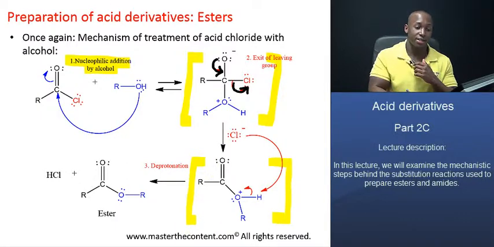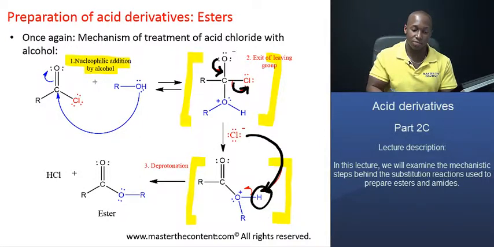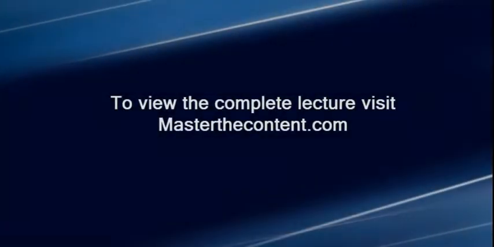Now this reaction is then completed when this chloride ion that was only just eliminated comes about and abstracts or removes a proton. I'm talking about this proton right here, resulting in the formation of our final product, our ester.